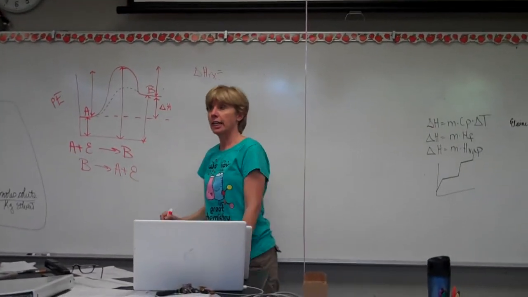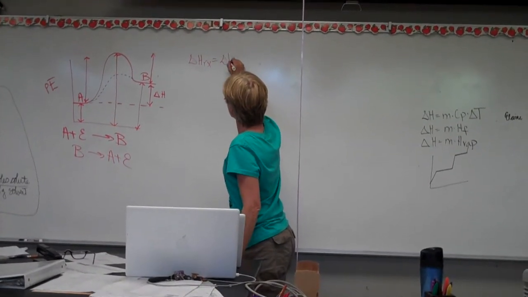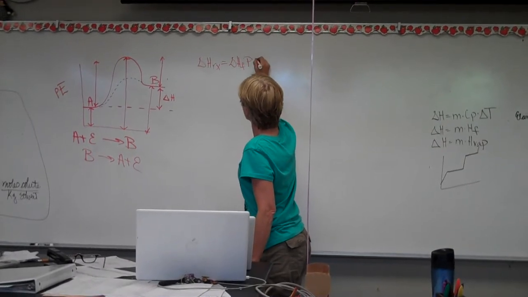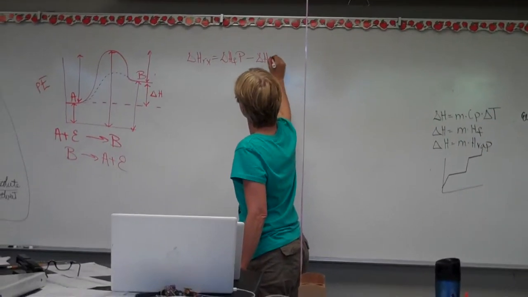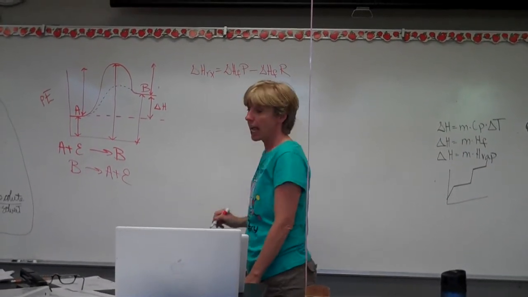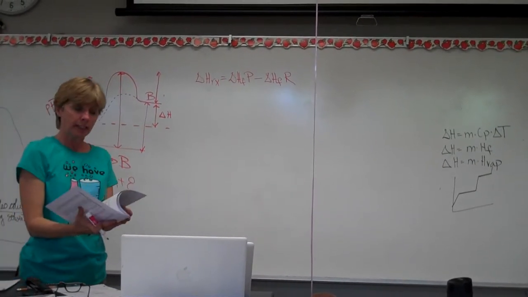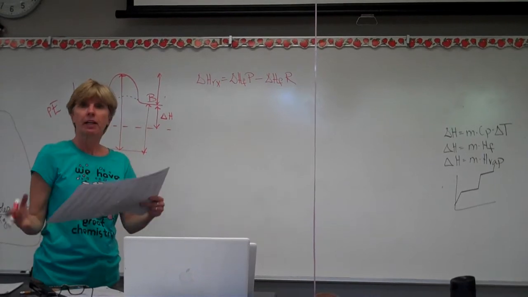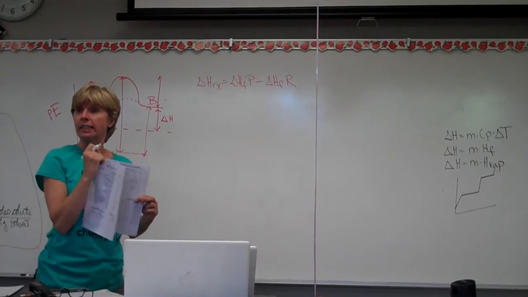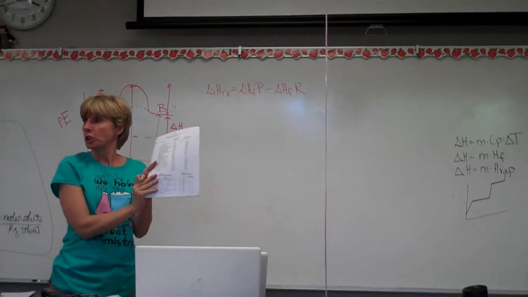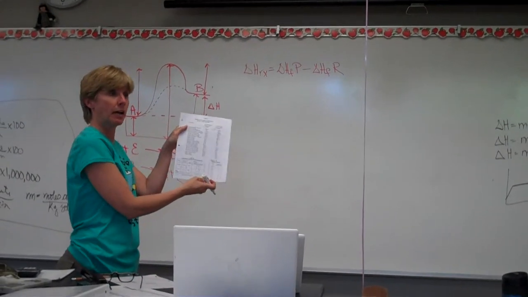Heat of reaction is defined as the heat of formation of products minus the heat of formation of reactants. And you can go to your reference tables and look up the heats of formation. The heats of formation are given in Table P. So why don't you guys take out your Table Ps right now.